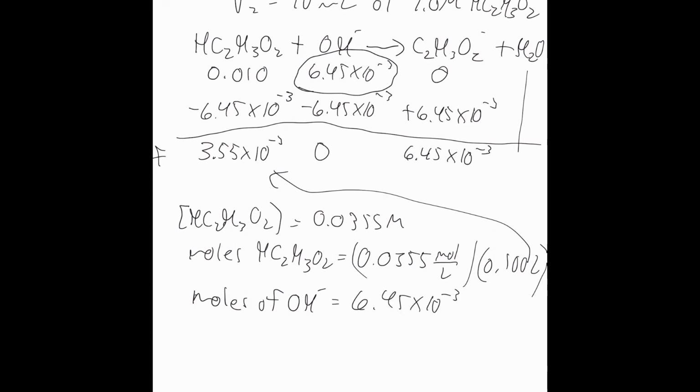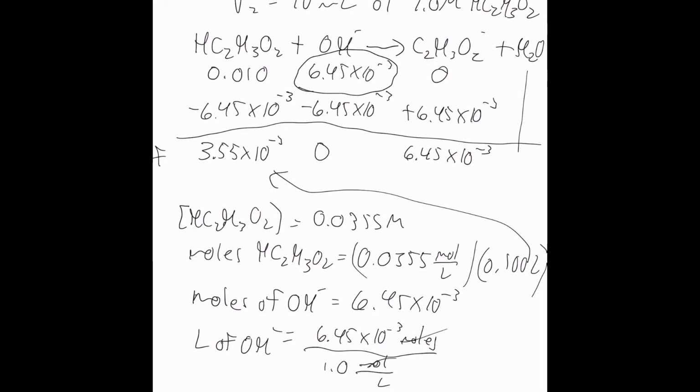Okay, now we have 1 molar, right? So we need to divide by our moles per liter. So let's see here. We need liters of our hydroxide is equal to 6.45 times 10 to the minus 3 moles divided by 1.0 moles per liter.